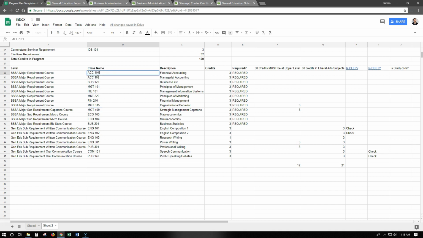So if this is Accounting 101, usually this means this is a fall term, which is your opening term for the year, and this is a spring term. So you would take this in the fall, then this in the spring. This means that the course is available both fall and spring. So if it's got a 0, it means it's available on either side.